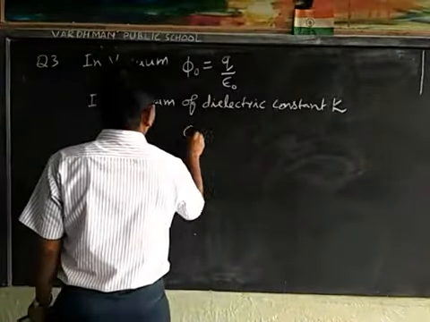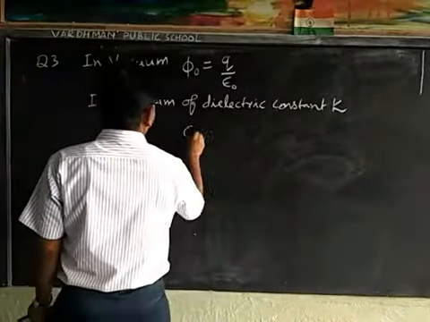Now we know phi E from the entire surface is equal to Q upon epsilon naught.